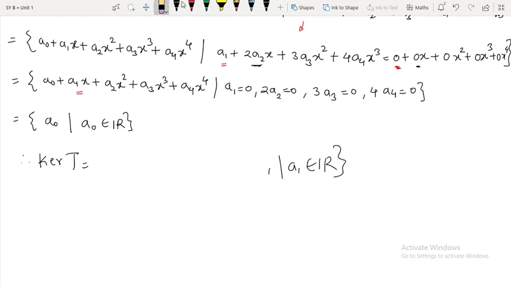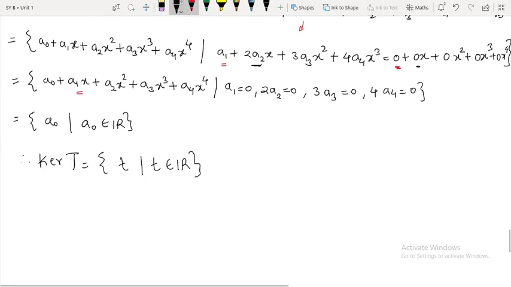At this level you should understand this. So therefore it is a collection of all t such that t belongs to R. Now let us go for the image of T. First of all I'll write the definition of image of T, and then we will go towards what?